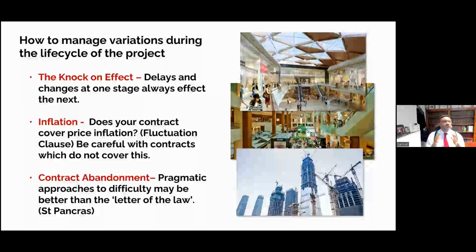So that is how to look at the issues that arise in the life cycle of the project or the contract that you're dealing with, in terms of variation, and how that can get out of hand if it's not well controlled.